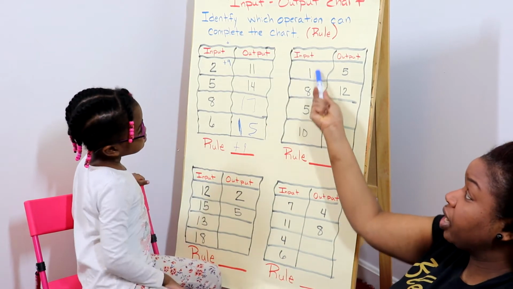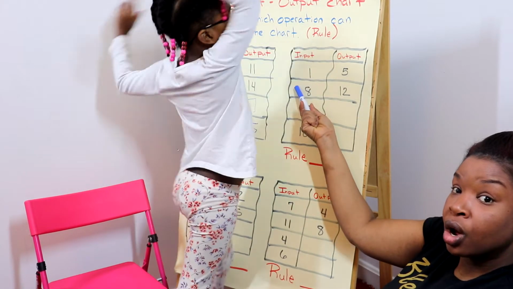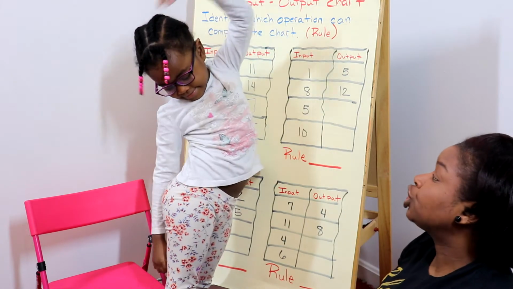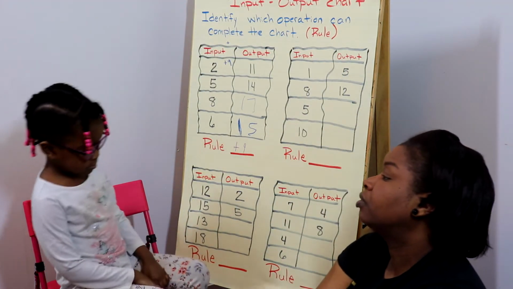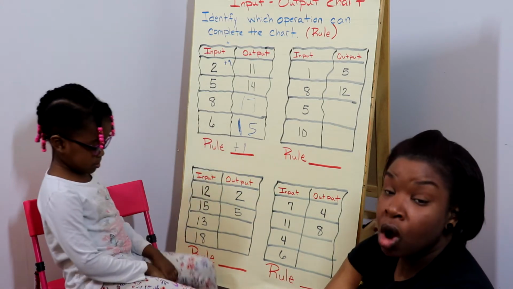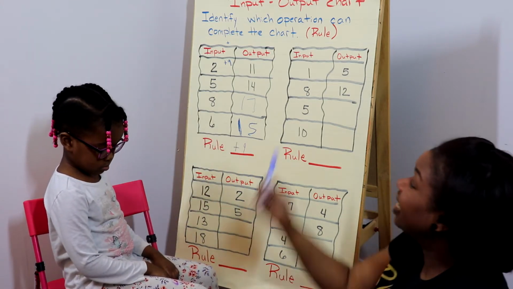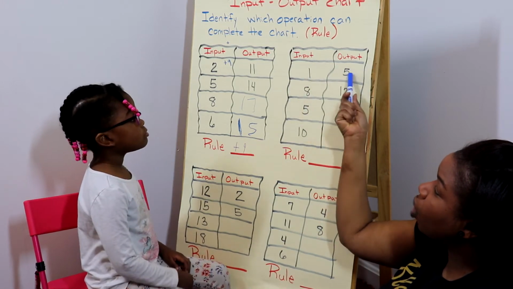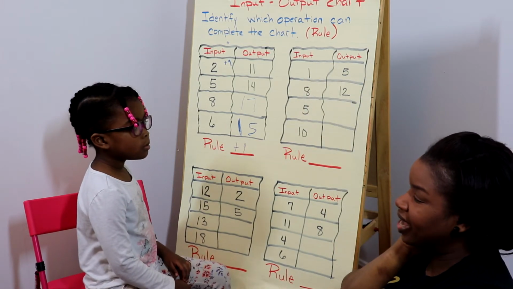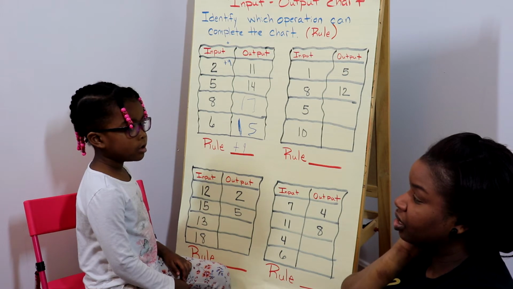We have what numbers? 1 and 5. Is 1 smaller or larger than 5? Smaller. So once again, we need to find out 1 plus what equals 5.